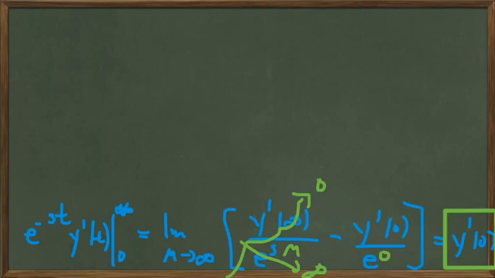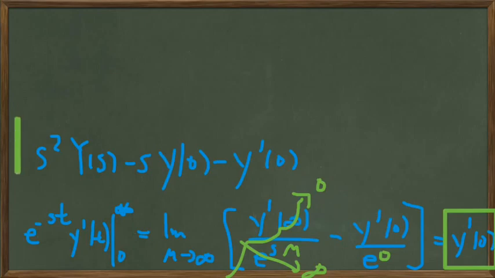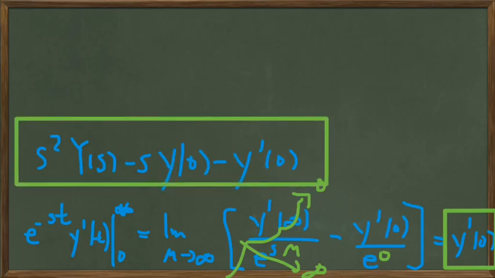So putting all of that together, what we had was s squared y of s minus s times y of 0 from that last term, and now we're just going to subtract y prime of 0 from that, and so there is our transform of the second derivative.